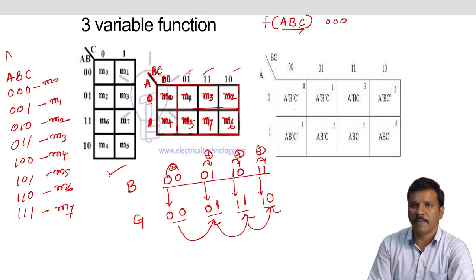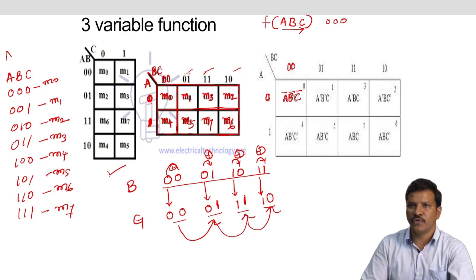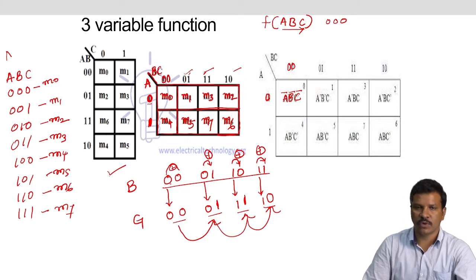This can also be represented with the minterm representation, like M naught, nothing but A bar, B bar, C bar, where A bar is A0, and B0, C0 is B bar, C bar. Likewise, the minterm square boxes 0, 1, 3, 2, 4, 5, 7, 6 can be placed for the 8 possibilities of 3 variable minterms.